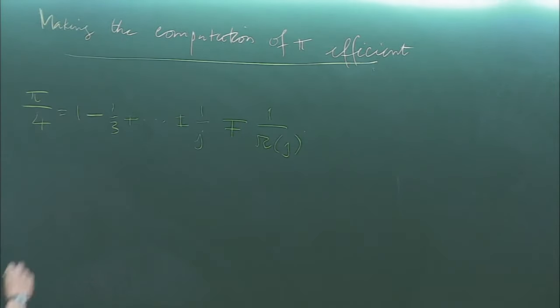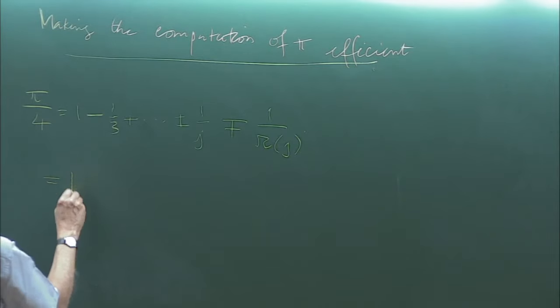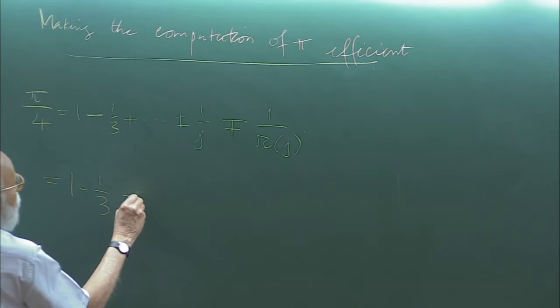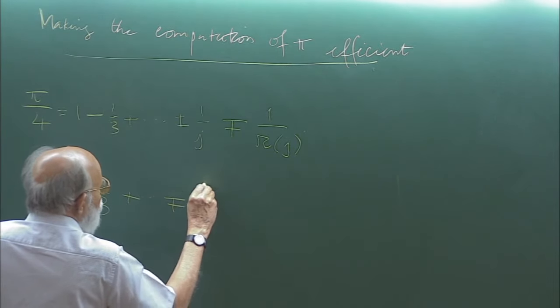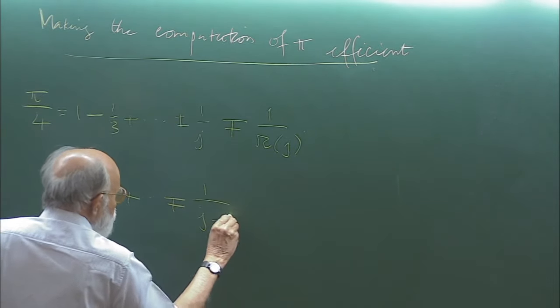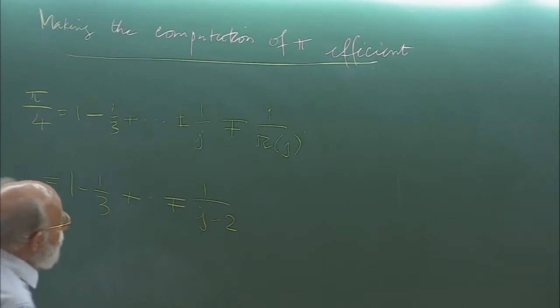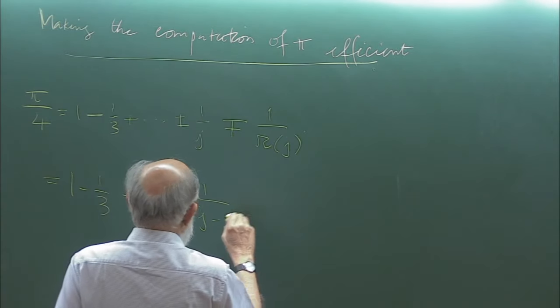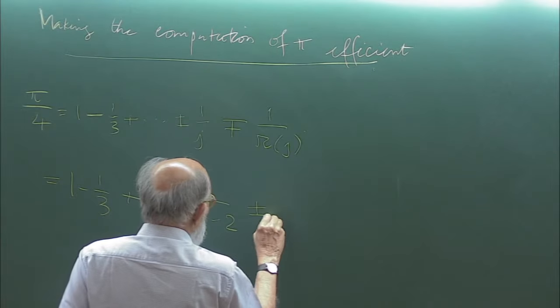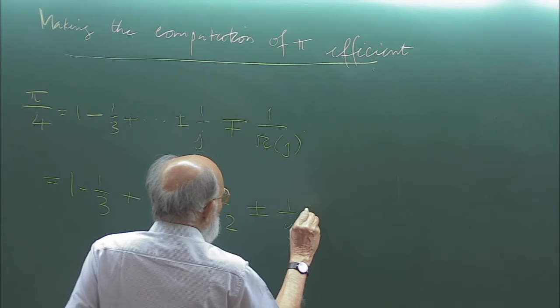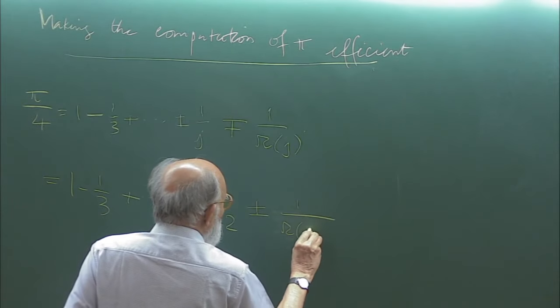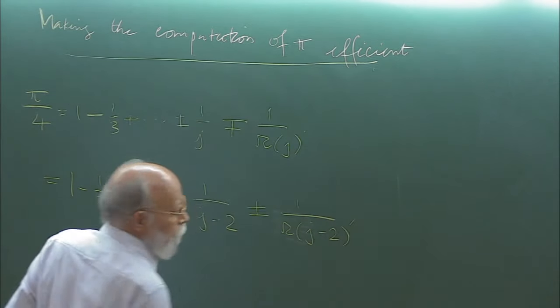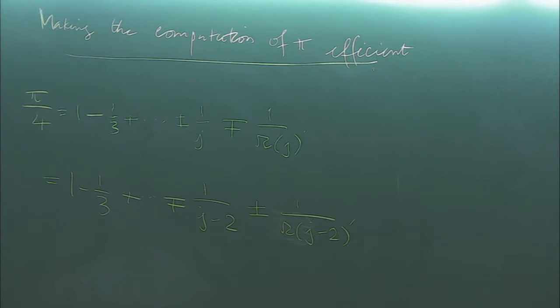This can also be written as 1 minus 1/3 plus etc., minus plus 1 over j minus 2, the lower odd number, then plus minus 1 over j, 1 over r at j minus 2. The remainder when the denominator is j minus 2.